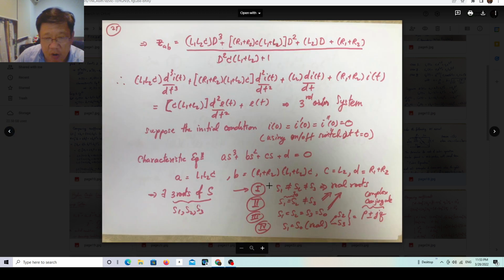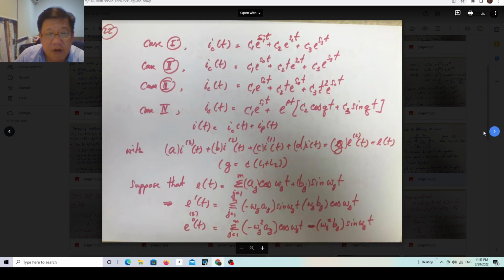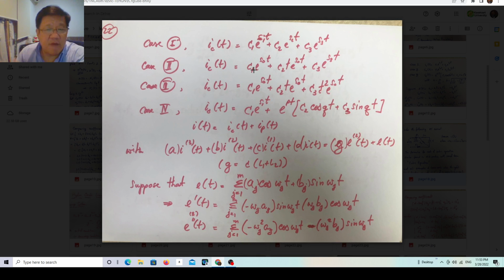Case one is that all roots are distinct and real. You have c sub 1 times e to the s sub 1 times t, plus c sub 2 e to the s 2 times t, and plus c sub 3 times e to the s sub 3 times t.